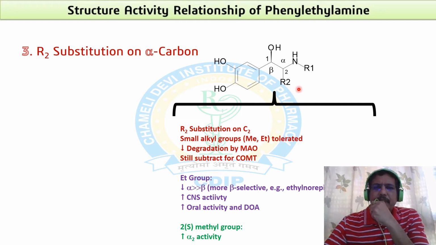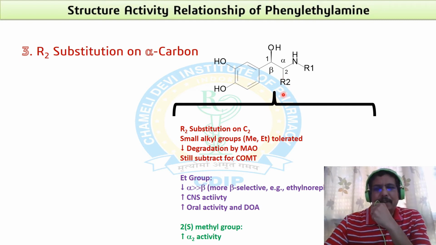If it is methyl, they are responsible for alpha 2 selectivity, but if it is changed to ethyl, it is much more beta selective as compared to alpha selectivity.